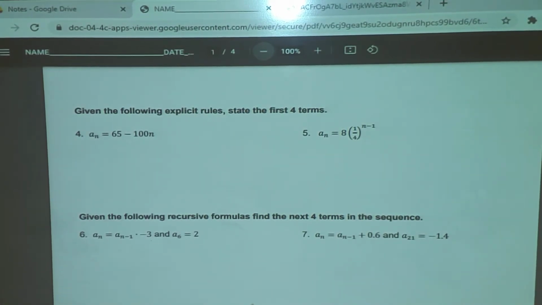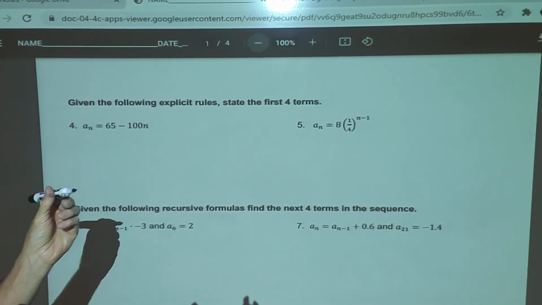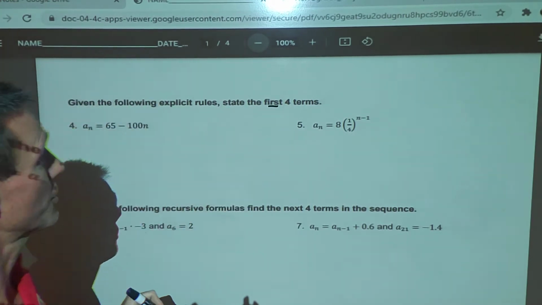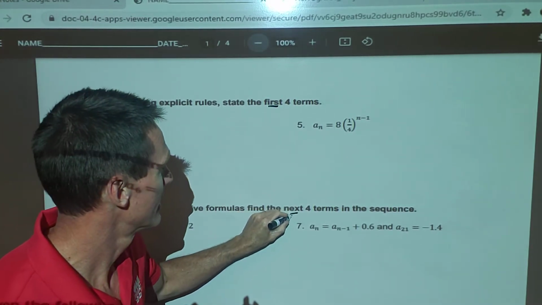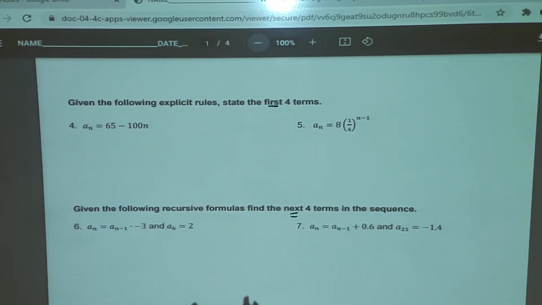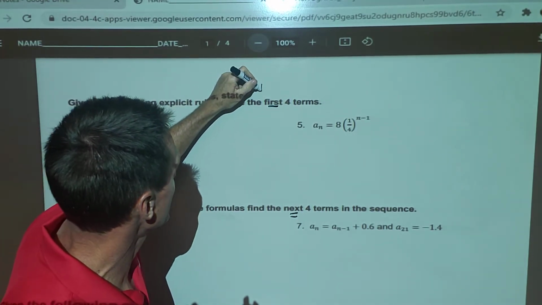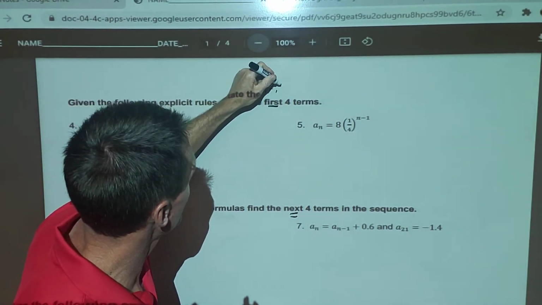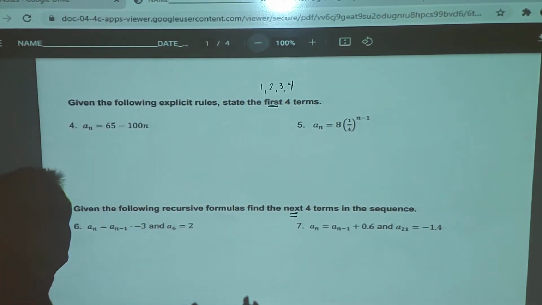Okay, down below this, problems 4 and 5, this says, given the following explicit rules, state the first 4 terms. If you'll notice, the problems below, 6 and 7, say the next 4 terms. So if we're starting with the first 4 terms, those would be terms 1, 2, 3, and 4 in our sequence.